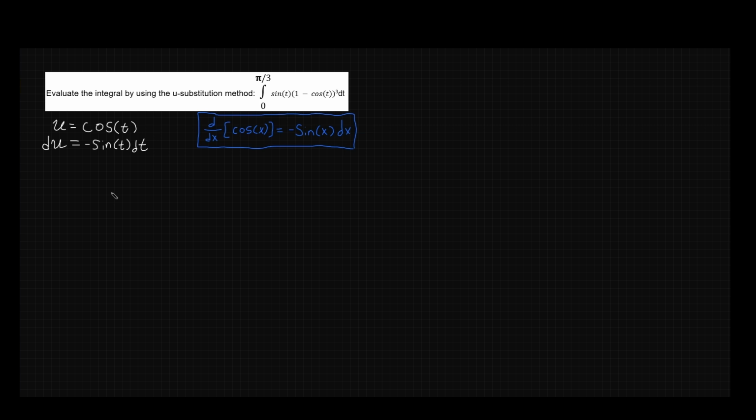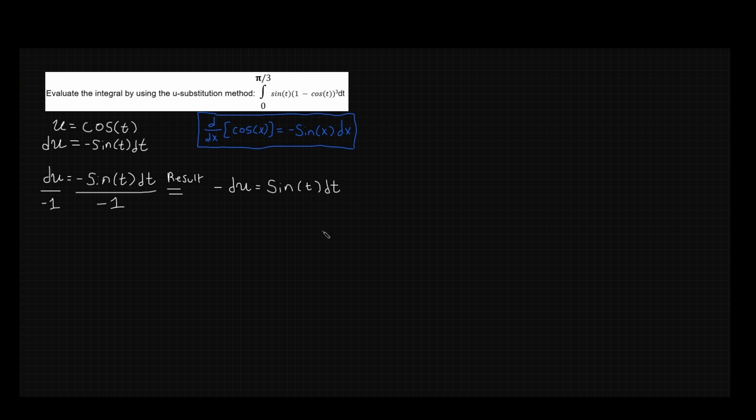So in a situation like this, we have to solve for sine of t. We have du equals negative sine of t, right? So now we're going to divide both sides by negative 1. The result is negative du equals sine of t.